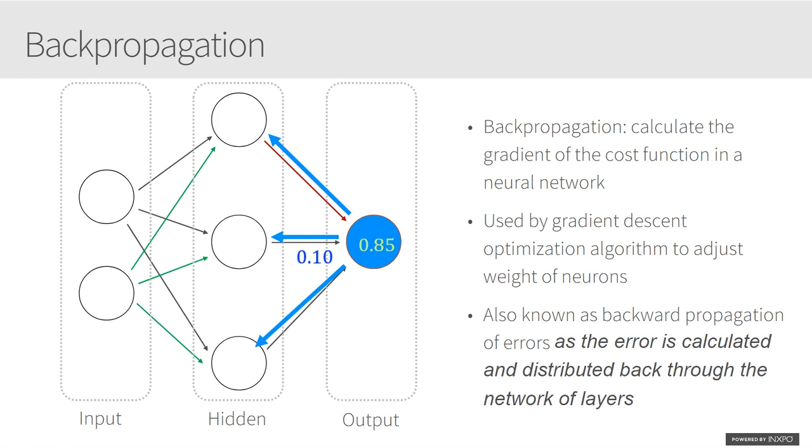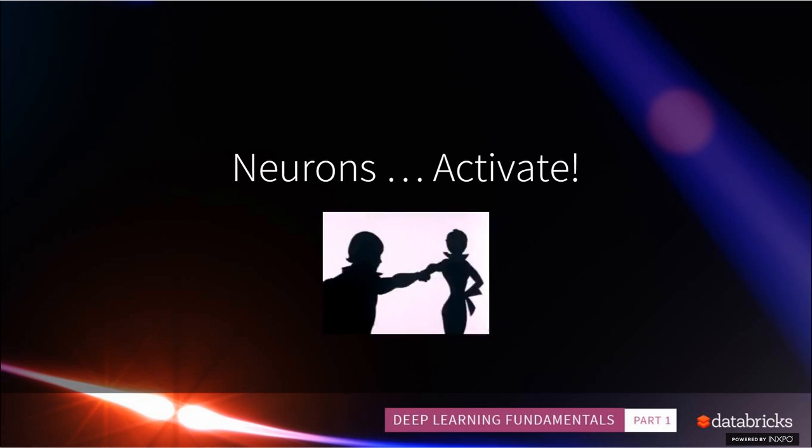It's also known as back propagation of errors, where the error is calculated and distributed back through the network of layers. It's a really powerful way for us to make our neural network model that much stronger.